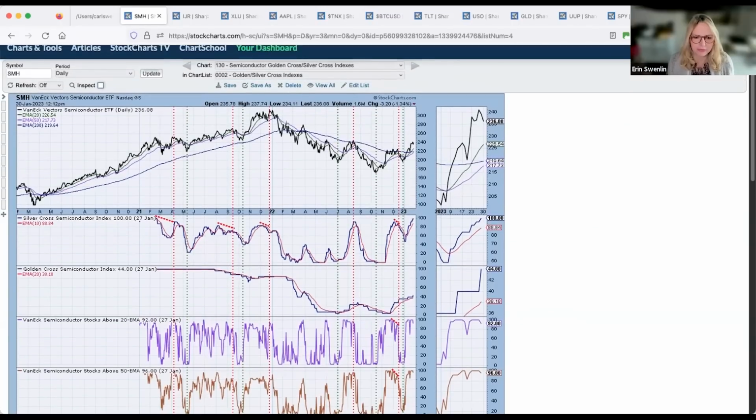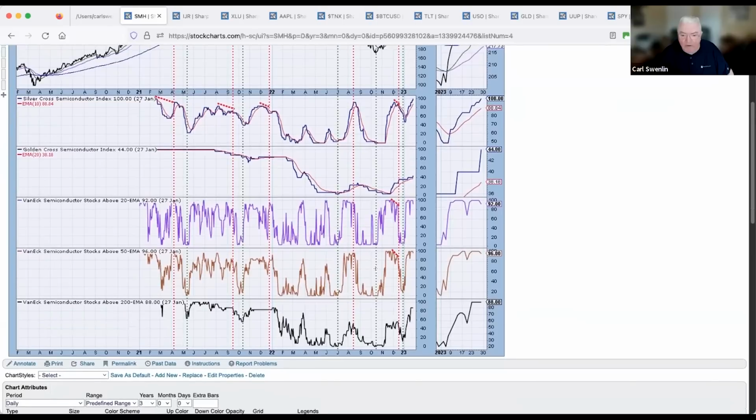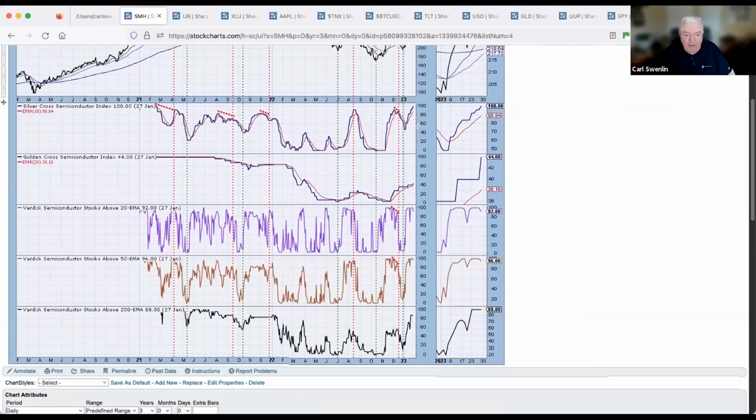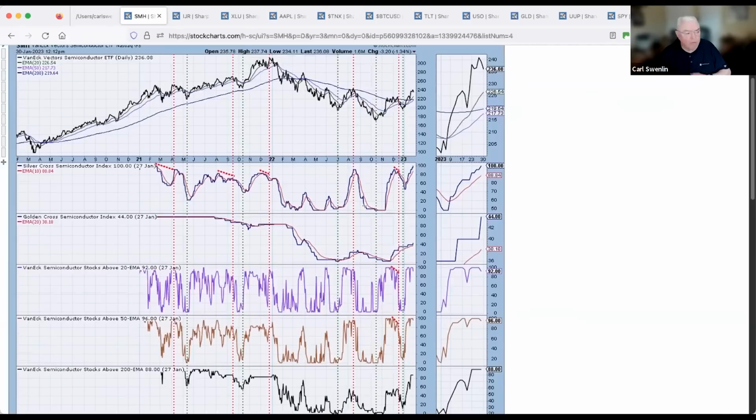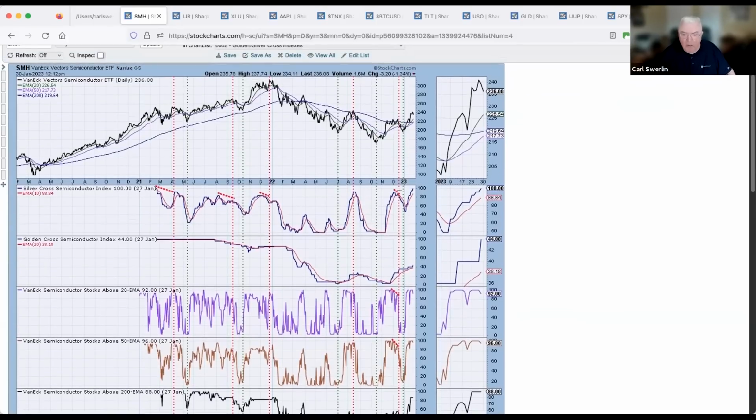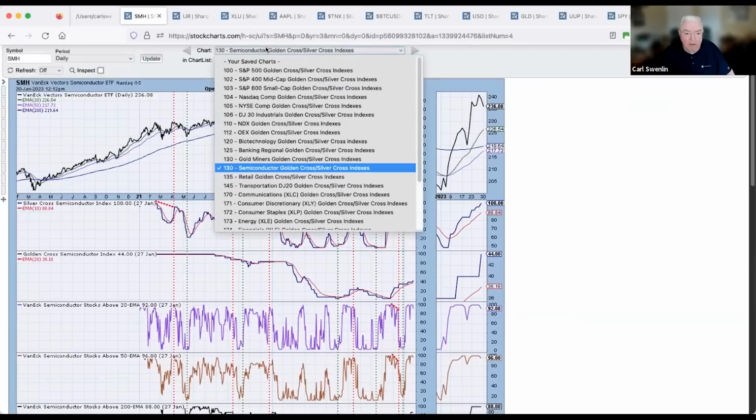Reverse head and shoulders. Right, and look at all these above the 20, 50, and 200. They're way up in the top of their range, so they can stick up there. So it's not like it's likely to be over, although we have hit the top of the range for the Silver Cross Index, and that could be doing another pullback soon. And then we have retail.